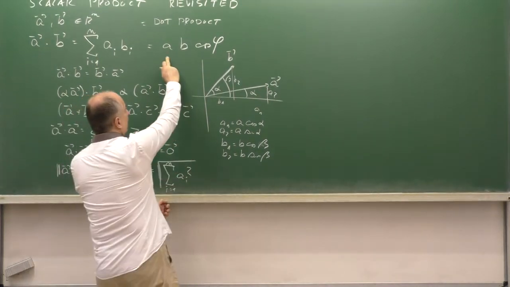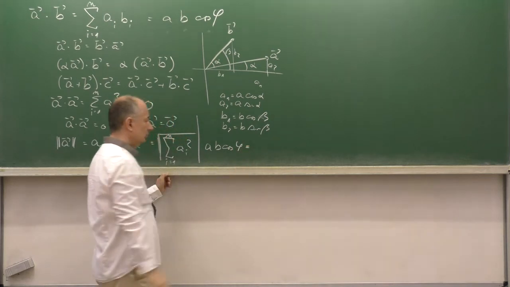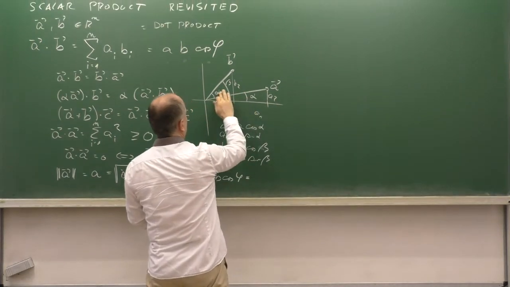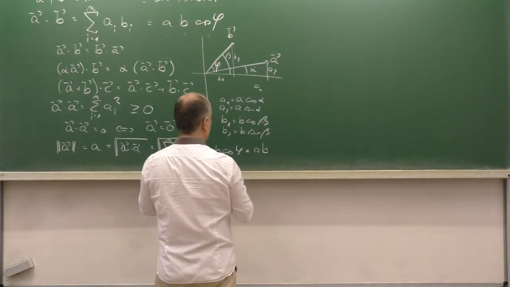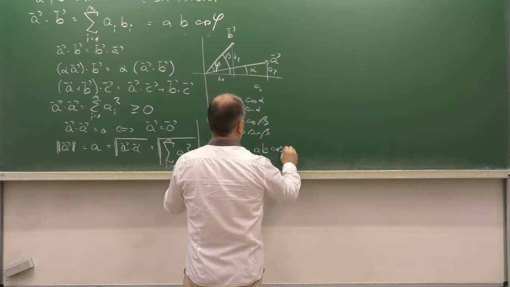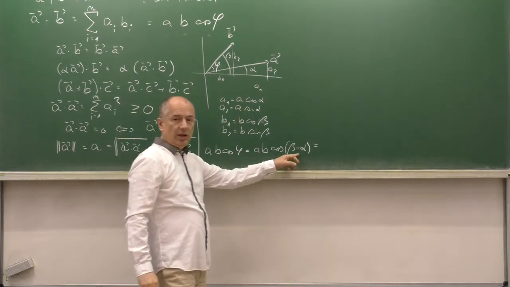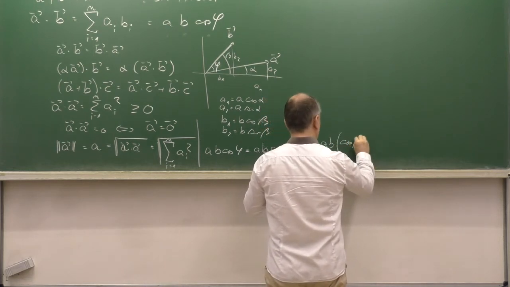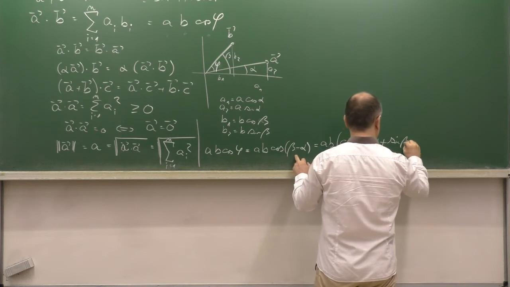And then when we write A B cosine of phi, where phi is beta minus alpha, but the cosine of a difference can be written as cosine beta cosine alpha plus sine beta sine alpha.